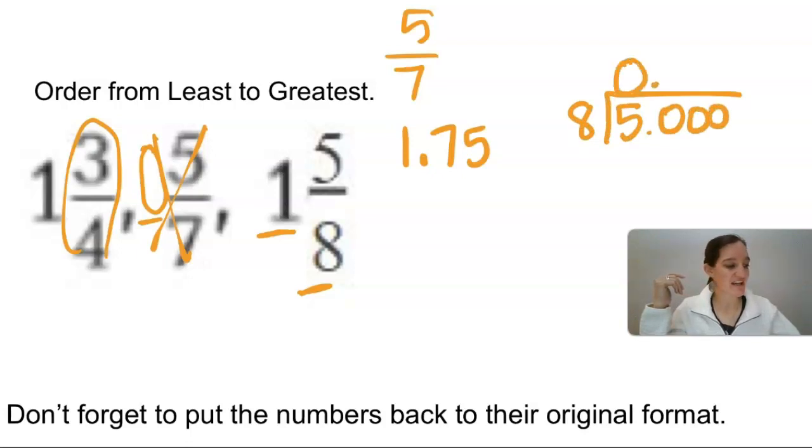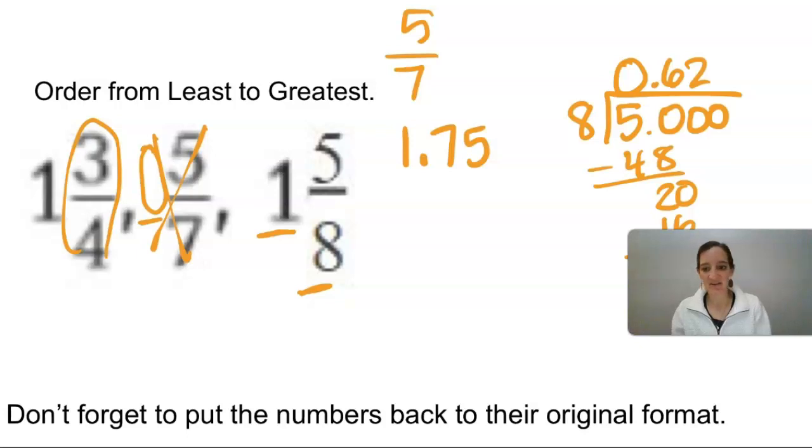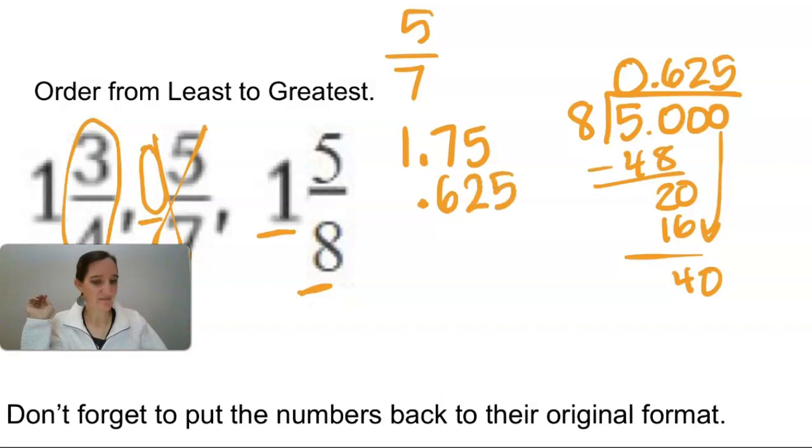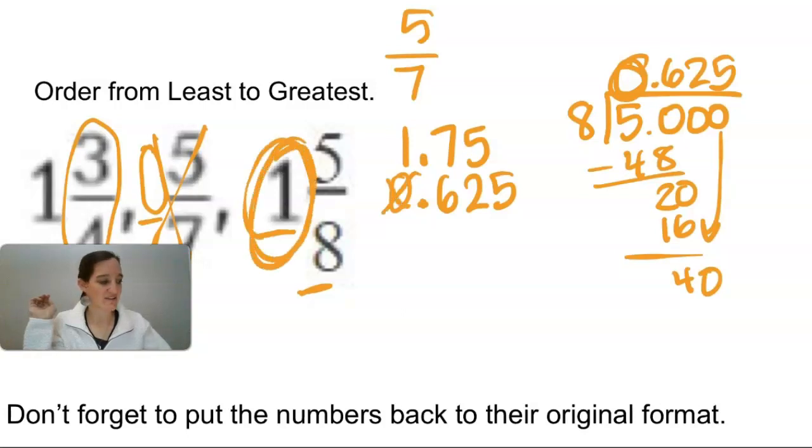I'm going to do my fraction hating troll, and I'll end up with 0.625. Now there is a 0 here, but I'm not going to leave it there because it's actually got a 1 in front. So I'm going to erase that 0 and put this 1 in front.